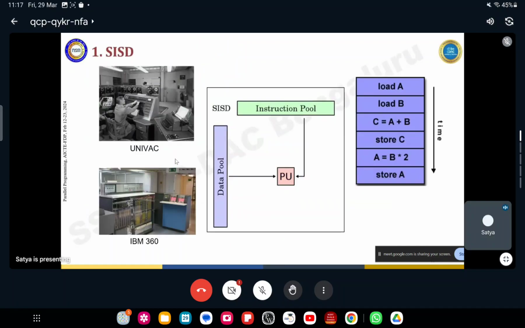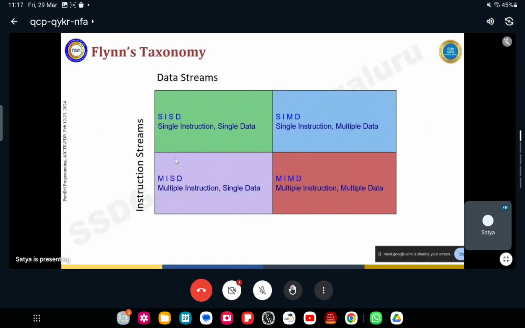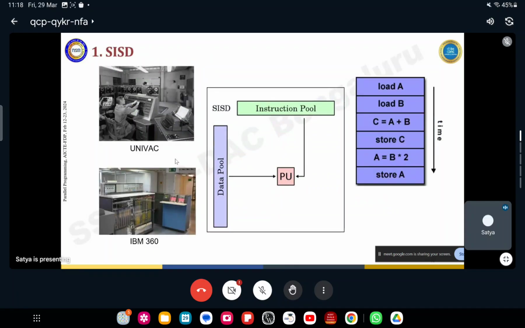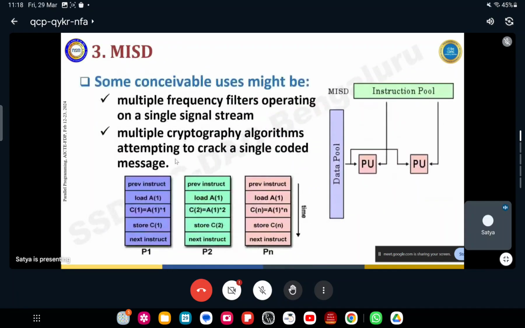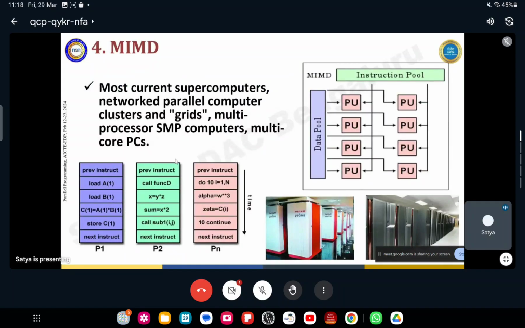Before that you have to know how the instructions are fed to the machine. Single instruction, single data, single instruction, multiple data like this. Earlier only one instruction was fed. Now it is multiple instructions and multiple data, all have to run.